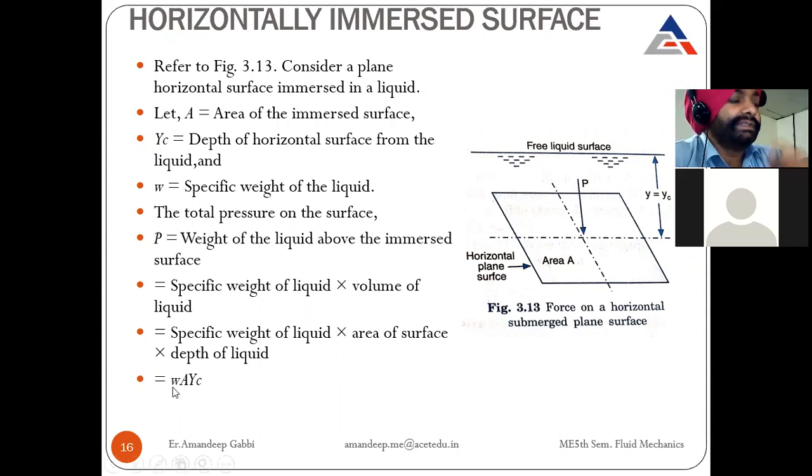W is the specific weight, A is the area of the surface, and YC is how deep it is inside the liquid from its free surface. So total pressure is equal to WAYC.